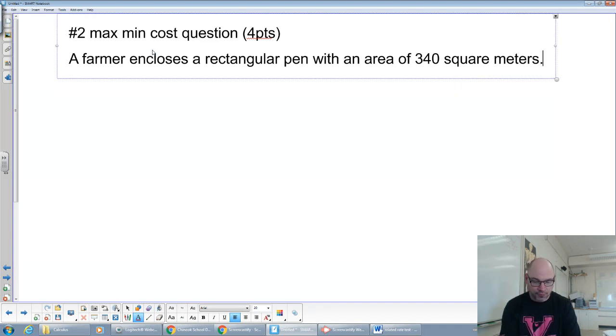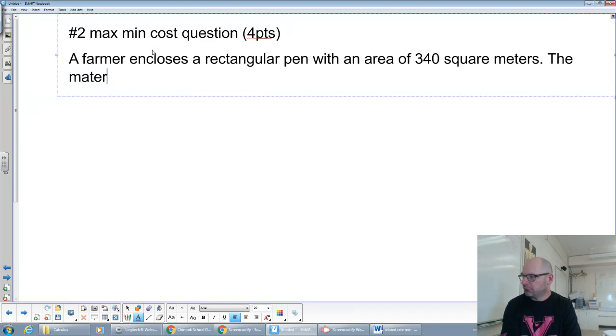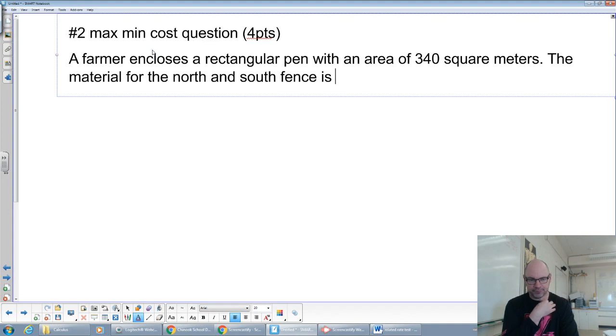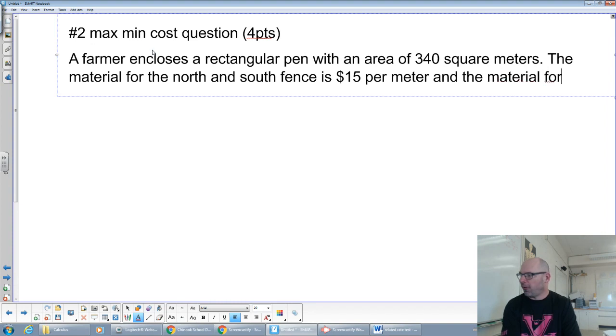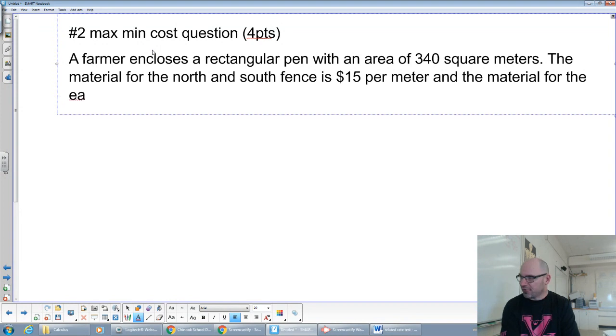The material for the north and south fence is $15 a meter, and the material for the, let's say, east and west fence is, I don't know, $22 a meter.